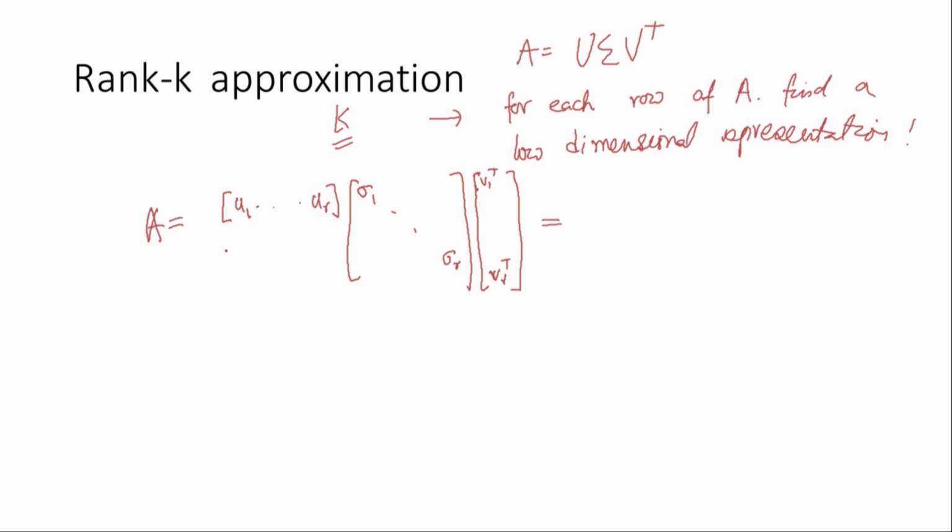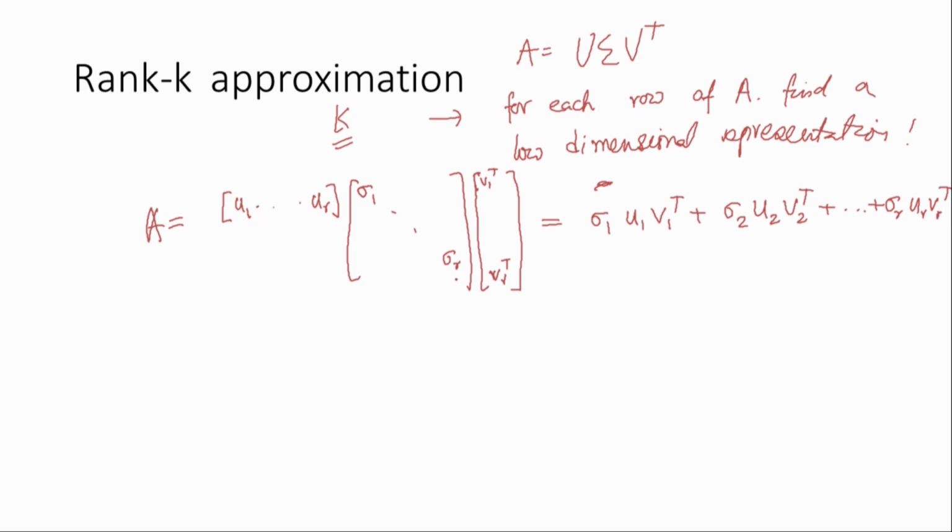But now that I have written this, there's a very interesting way of doing the product. Now we can write this as sigma 1 U1 V1 transpose plus sigma 2 U2 V2 transpose, and so on up to sigma R UR VR transpose, right?